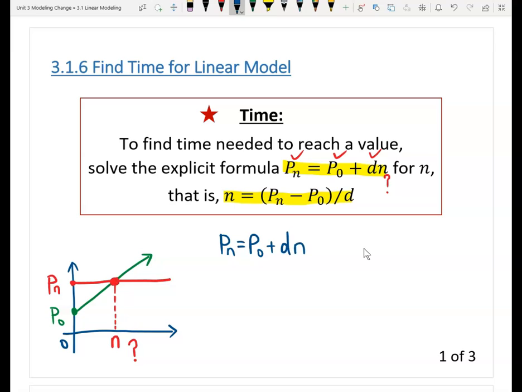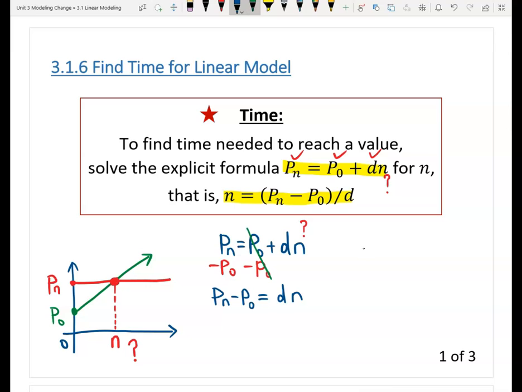Now we need to solve this explicit formula for n. First, we subtract P0 from both sides. See what we get? On the right we can cancel, so on the left we get Pm minus P0 and equals d times m.